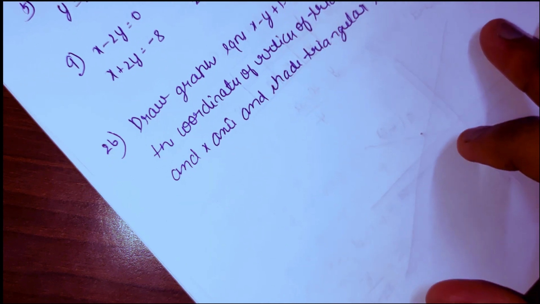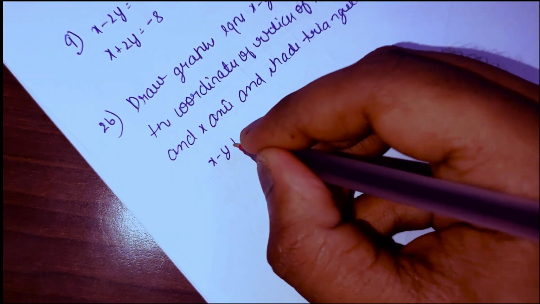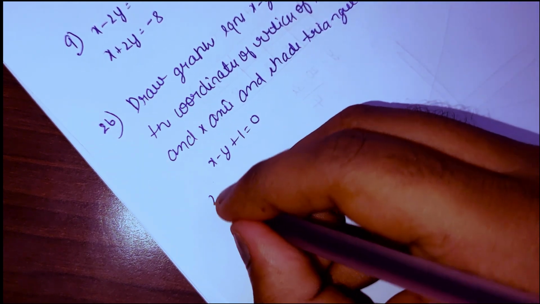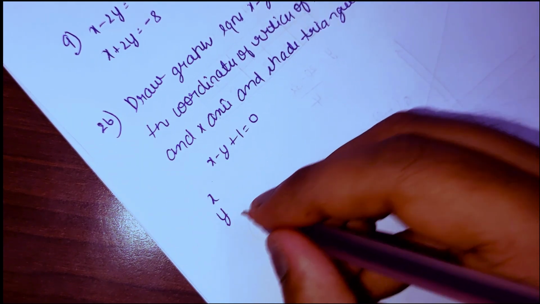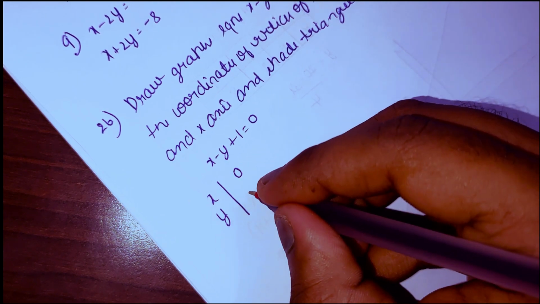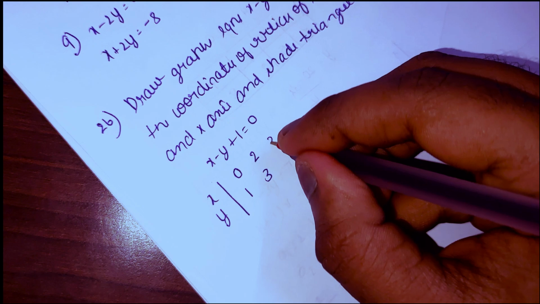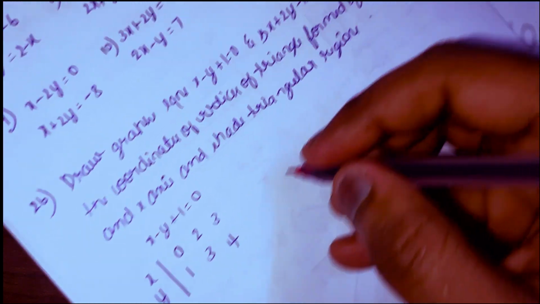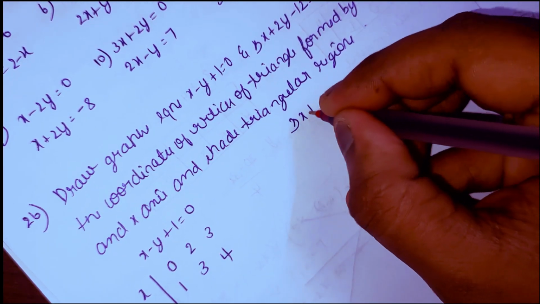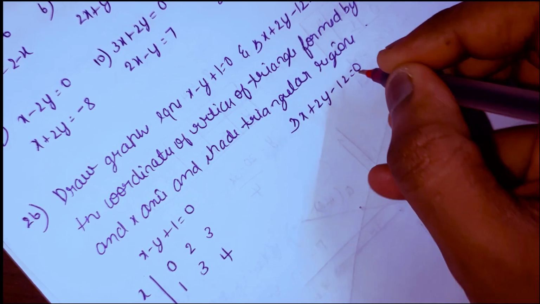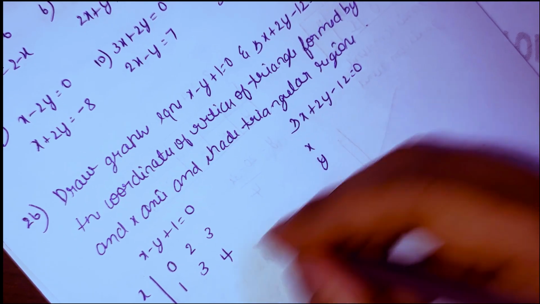First we'll solve the equations. x minus y plus 1 is equal to 0, so y is nothing but x plus 1. When x is 0, y is 1; x is 2, y is 3; x is 3, y is 4. Second equation, 3x plus 2y minus 12 is equal to 0, so y is 12 minus 3x by 2.